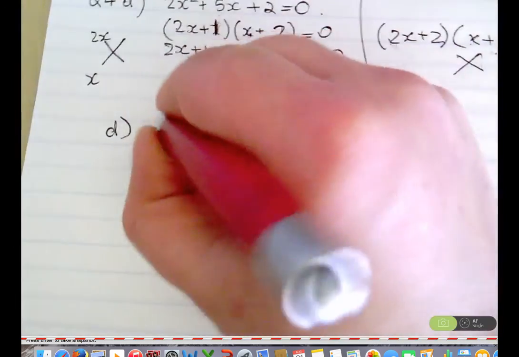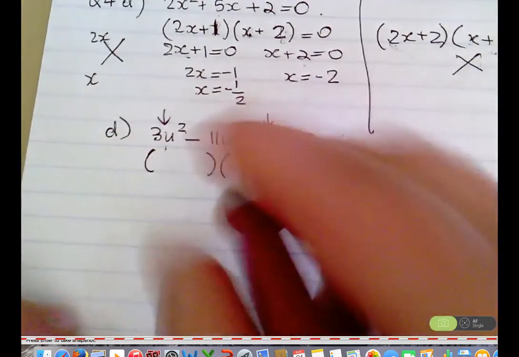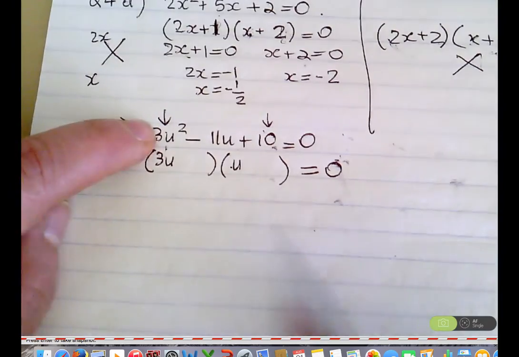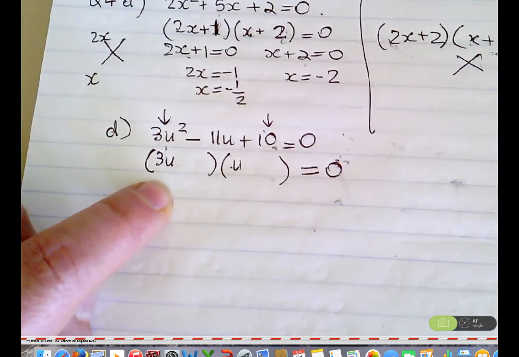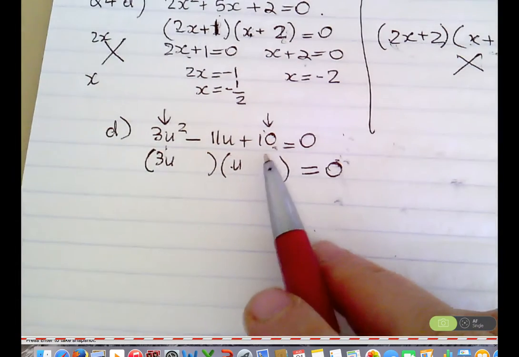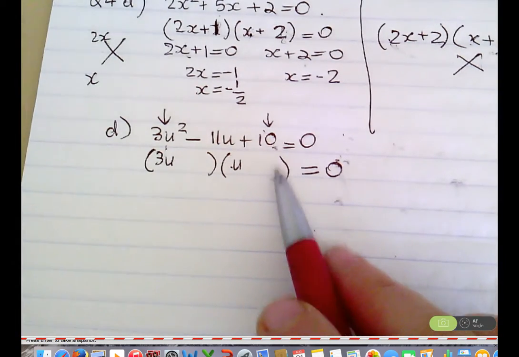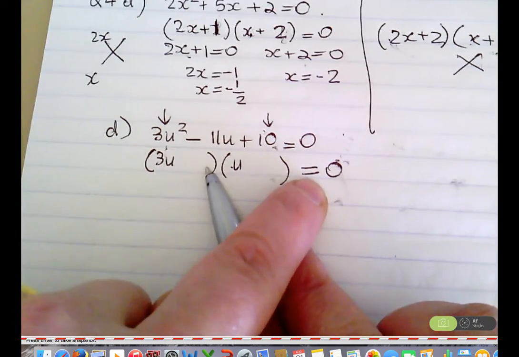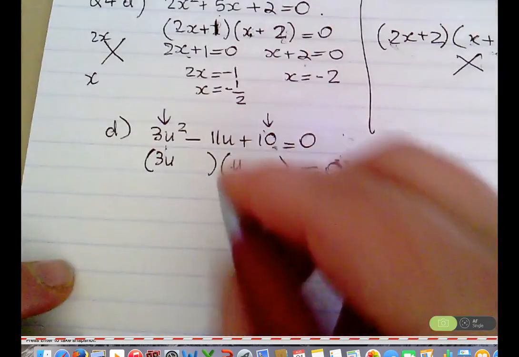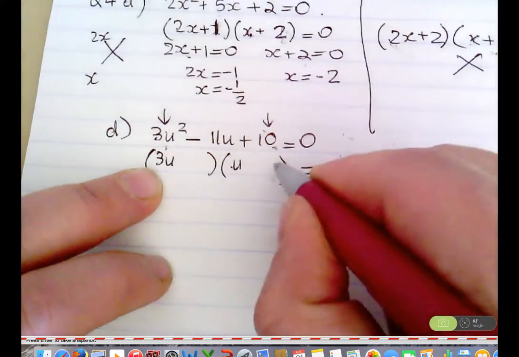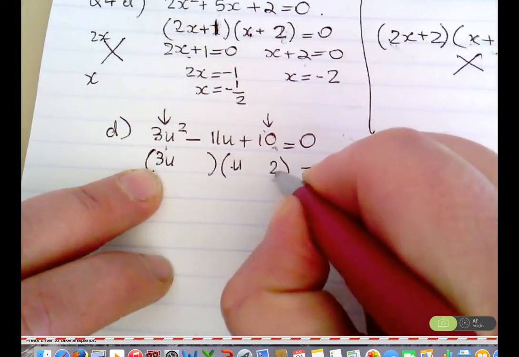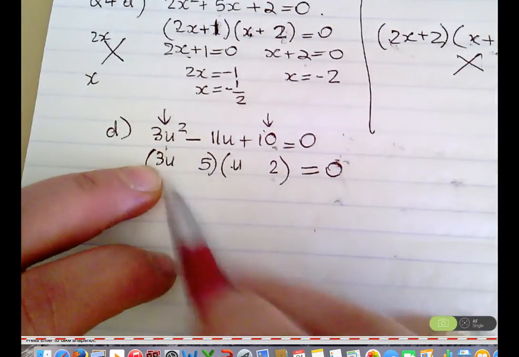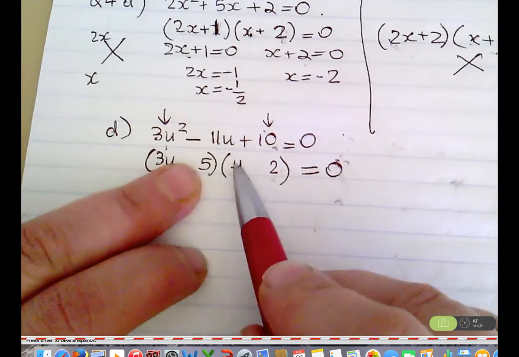Numbers that multiply to give that go at the front. It's got to be 3u and u. Now, girls, let me just worry about 3u squared, 3u and u. Now, I've got choices for 10. I've got 5 and 2, 2 and 5, 10 and 1, 1 and 10. Before you start putting them down, girls, if I put 2 here, I've just worked it out, and 5 there, look, 3u squared, that's a 6u, and that's a 5u.